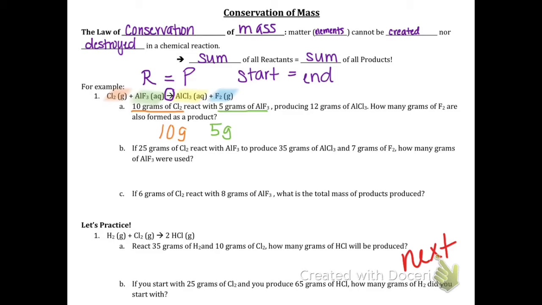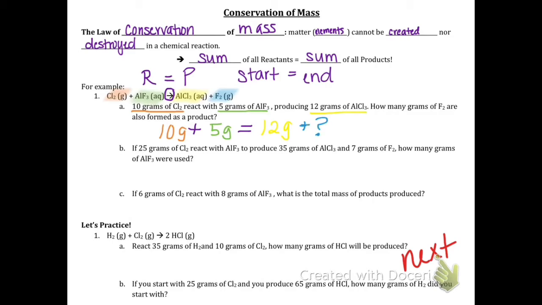These two are on the left-hand side of the arrow. And now what else do we have here? We have 12 grams of aluminum chloride, so I'm going to write 12 grams right here. Now, I'm left with fluorine that I don't know about. It's my little question mark here.